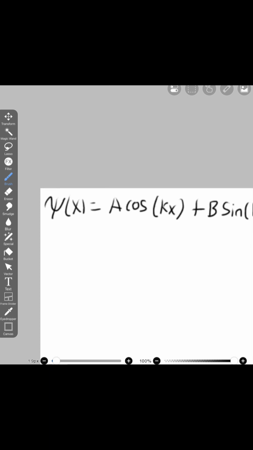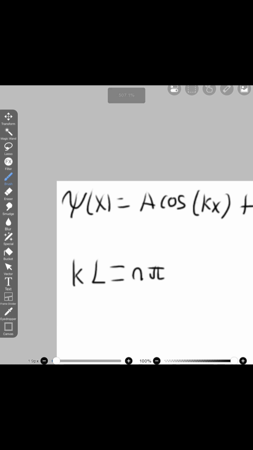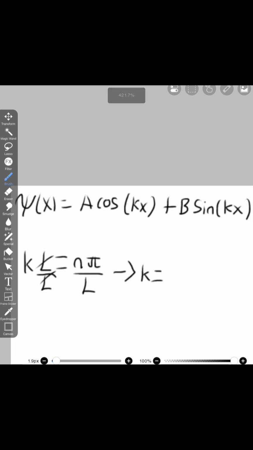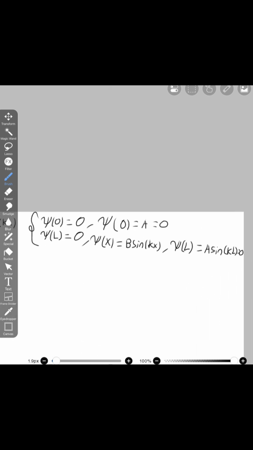This will only occur if the argument itself is an integer multiple of pi. So we have to write this: k times L is equal to n times pi. If we were to solve for the constant k, let's just go ahead and divide both sides of the equation by L. And we're going to have k is equal to n pi over L. Now you may be wondering, what happened to the sine though?